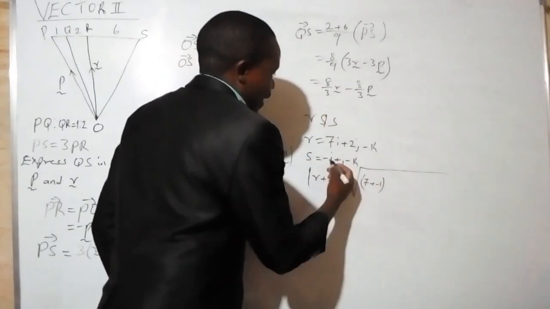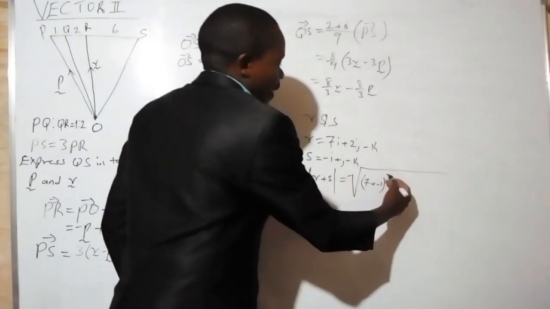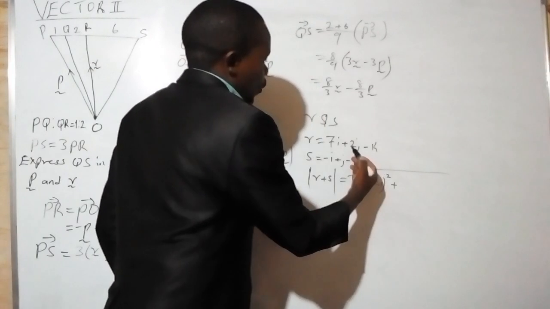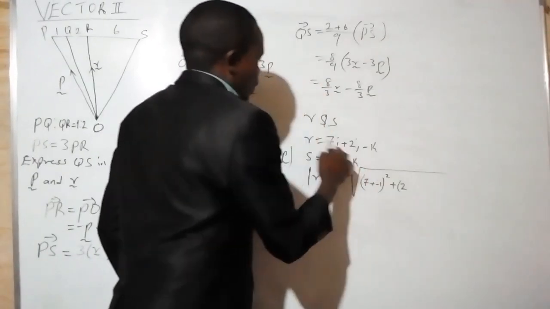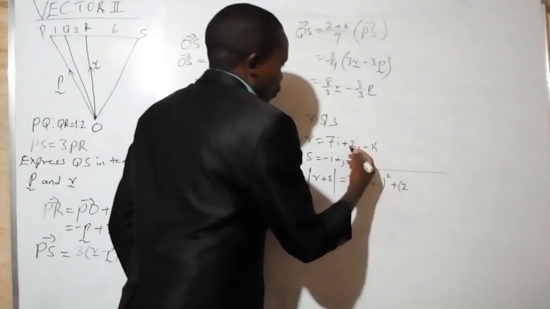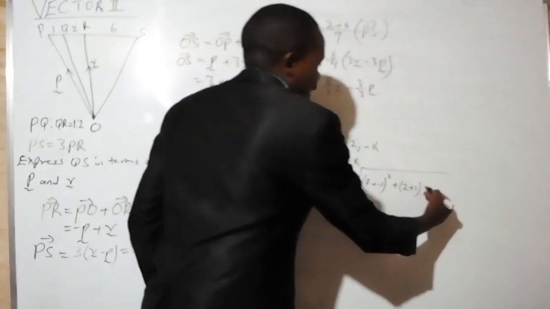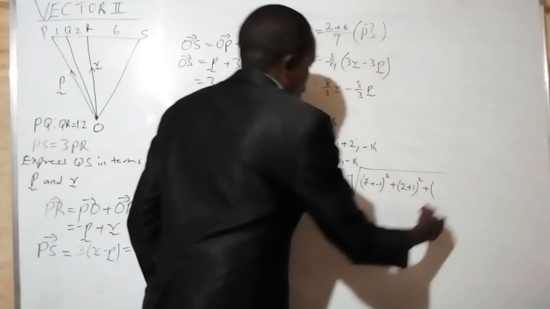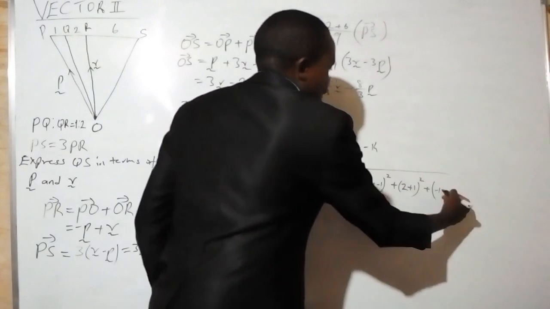you replace it with 6, squared, plus 2, j for R and j for S, 2 plus 1 is 3, squared, plus the bracket, negative 1 for k's, negative 1 plus negative 1 is negative 2, squared.